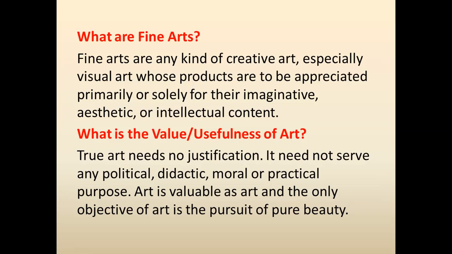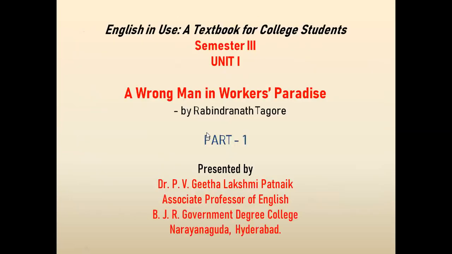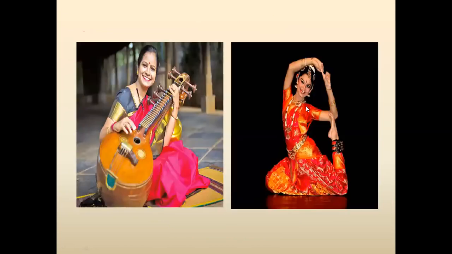Moving on to the next question, what is the value or usefulness of art? True art needs no justification. It need not serve any political, didactic, moral, or practical purpose. Art is valuable as art, and the only objective of art is the pursuit of pure beauty. This is the message that we get from the present story, A Wrong Man in Workers' Paradise.